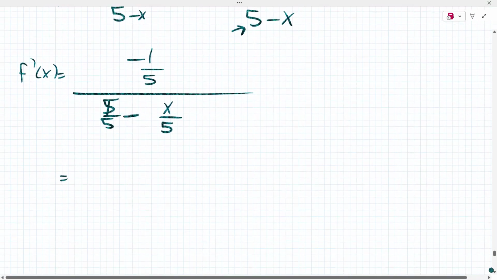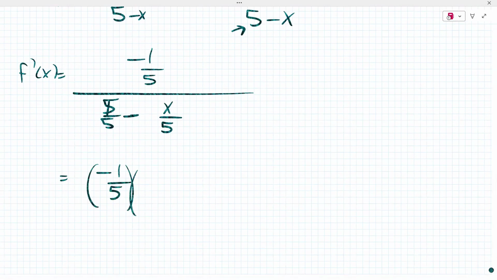So that simplifies as negative 1/5 of 1 over 1 minus x over 5.